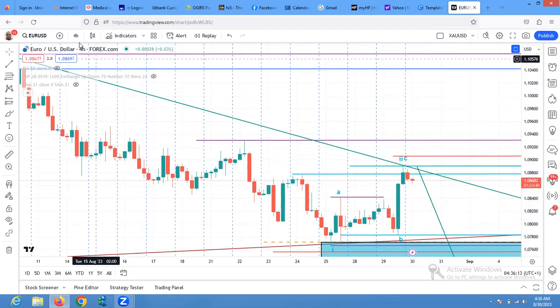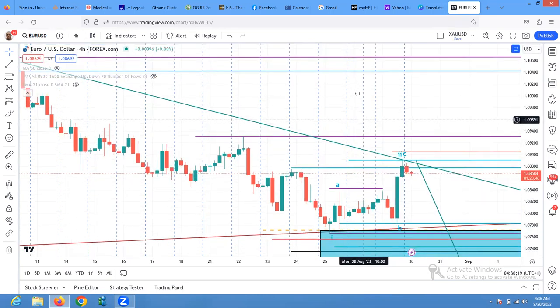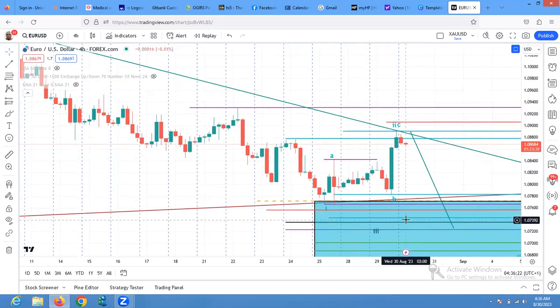So we should be expecting, at least, this is where we said a 161.8 is of the entire run. So price is still going to break 161.8, in between here.